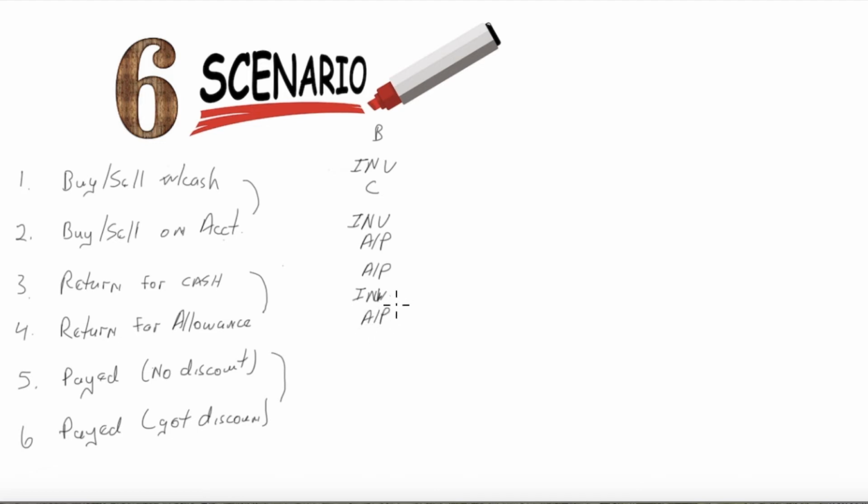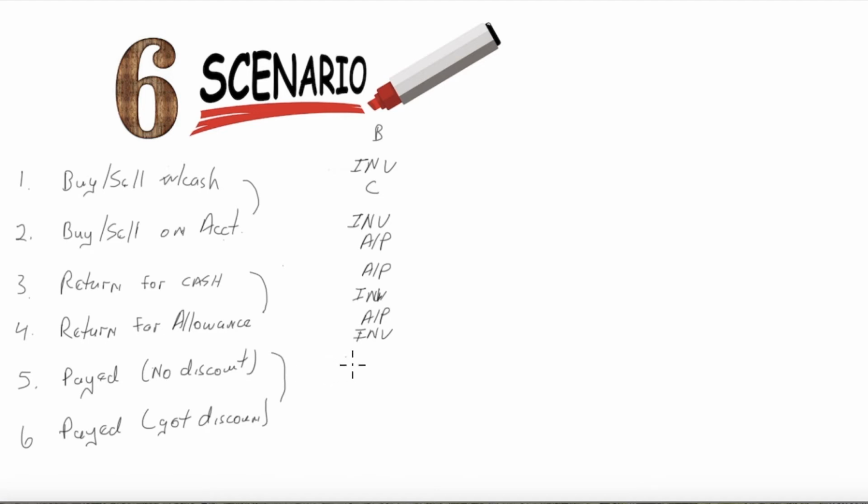But the inventory doesn't go anywhere. It would stay the same. Your inventory gets adjusted, even though the inventory would stay the same, and we explain that more in the video. The inventory doesn't go anywhere, but your cost for your inventory is adjusted accordingly. So that would be the transactions with regards to returns.